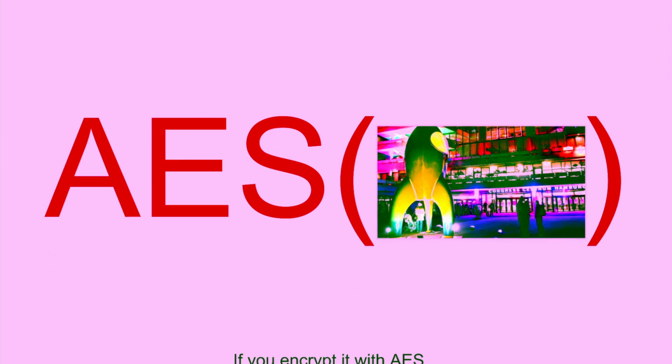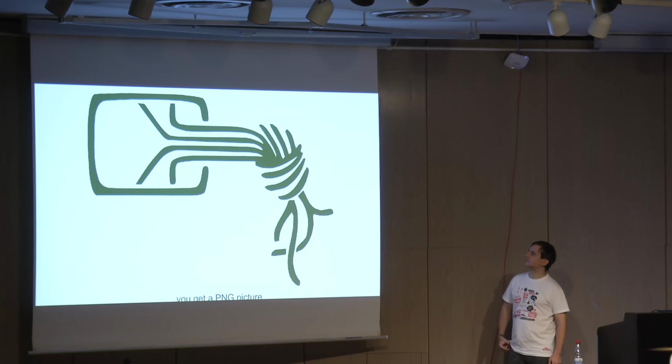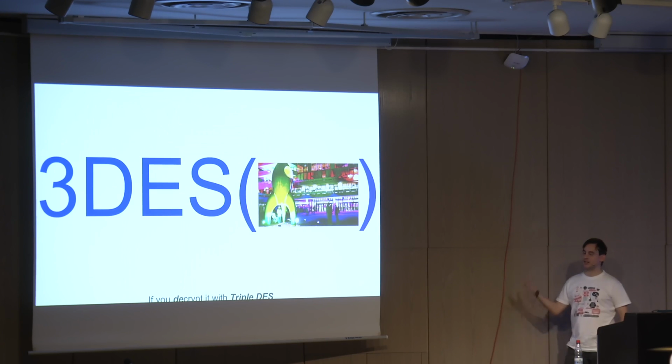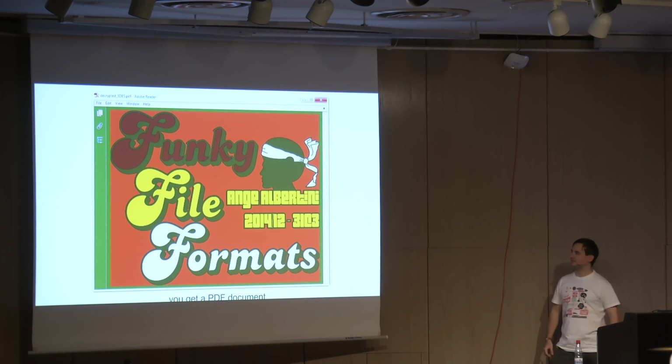If you apply AES on this picture, it's a JPEG picture, then you get a PNG picture. So it was encryption with AES. If you decrypt it with triple DES, then you get a PDF.